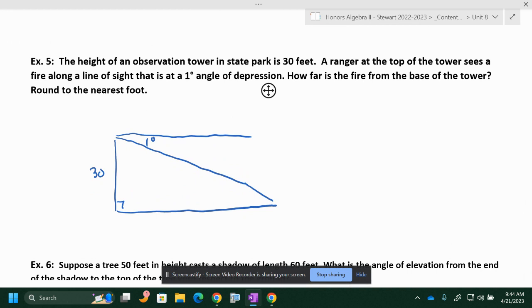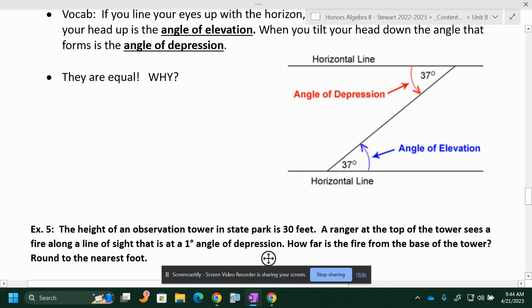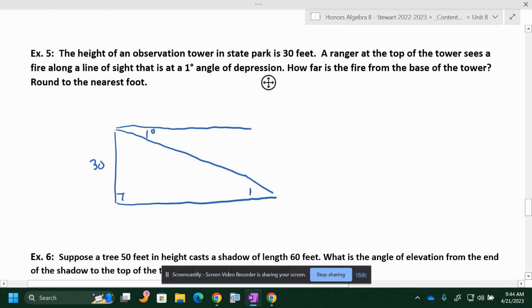The height of an observation tower is 30 feet. A ranger at the top of the tower sees a fire along a line of sight that's a 1 degree angle of depression. How far is the fire from the base of the tower? If you notice, that 1 degree angle of depression is going to be the same as an angle of elevation. So down here is actually where I'm going to have 1 degree.